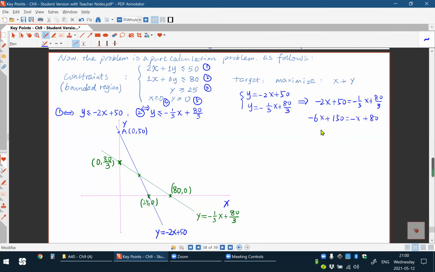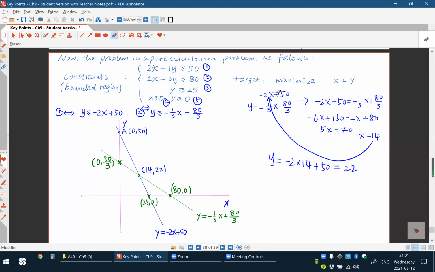Okay, this gives us 5x equals 70, right? So x is 14, right? So the x coordinate here is 14. How about the y coordinate? If we put 14 back into the equation here, y equals minus 2 times 14 plus 50, which is 22, right? So this point is (14, 22). Okay, we can wipe this.